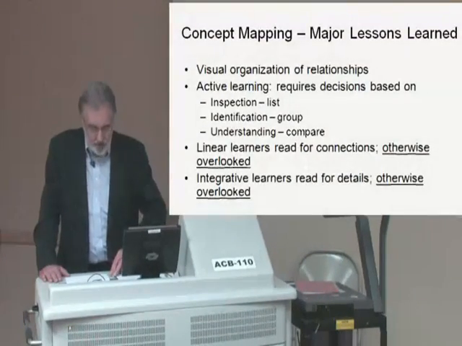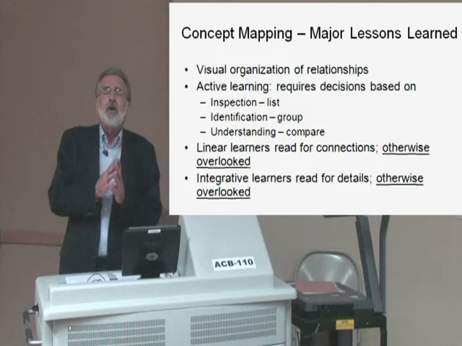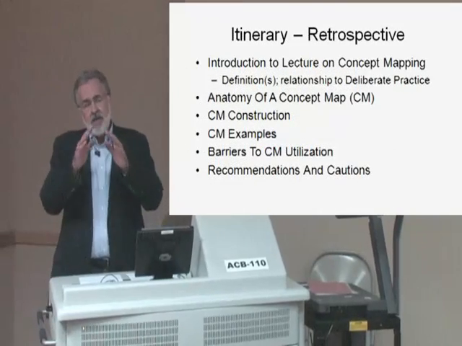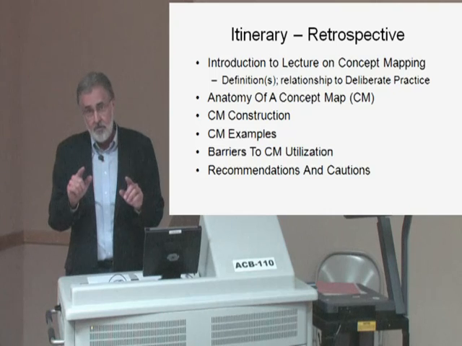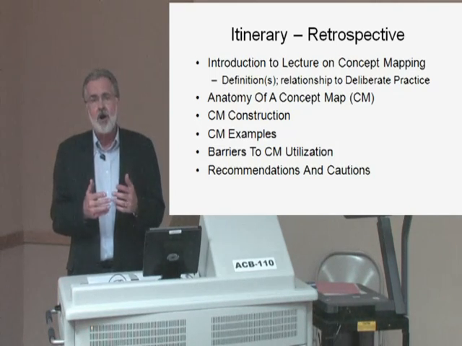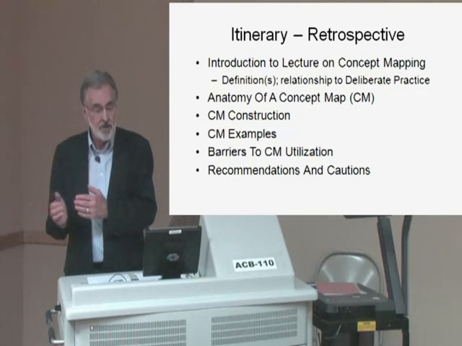We then went into looking at the anatomy of a map. We talked about how it's a hierarchical structure, and yet within that hierarchy, you can begin to see, if you look for them, crosslinks and interconnections, and how important those are in higher order thinking, and later on in clinical decision making.